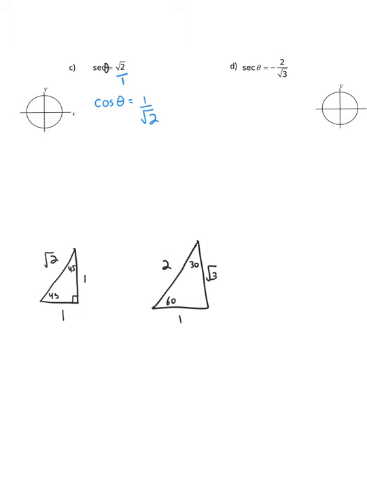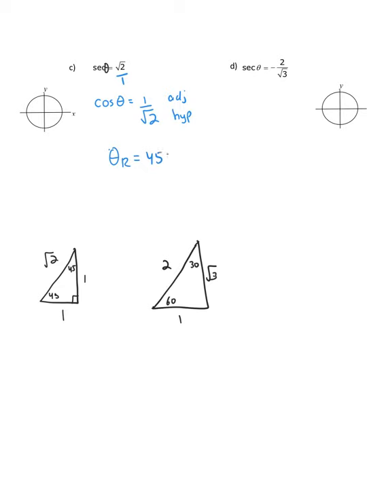So we will use the special triangles to identify the angle where the adjacent is 1 and the hypotenuse is root 2. Again, cos is adjacent over hypotenuse. Root 2 is only in that first triangle, so it has to be 45 degrees. The adjacent of 45 degrees is 1, and the hypotenuse is root 2. So that means the reference angle is 45 degrees.